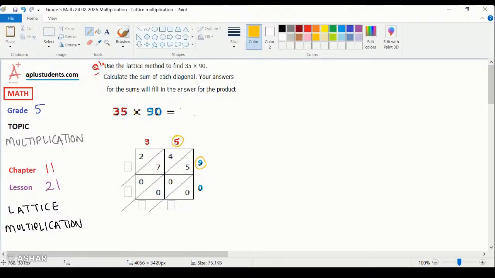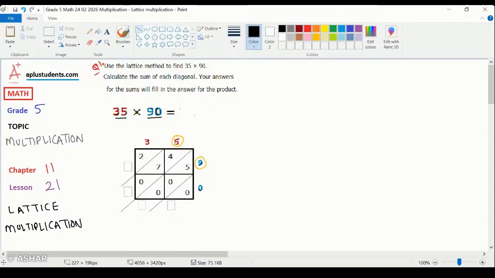5 times 9 is 45, right? What we have done is, two numbers multiplied by two numbers, that means we make 4 boxes, 2 by 2, right?